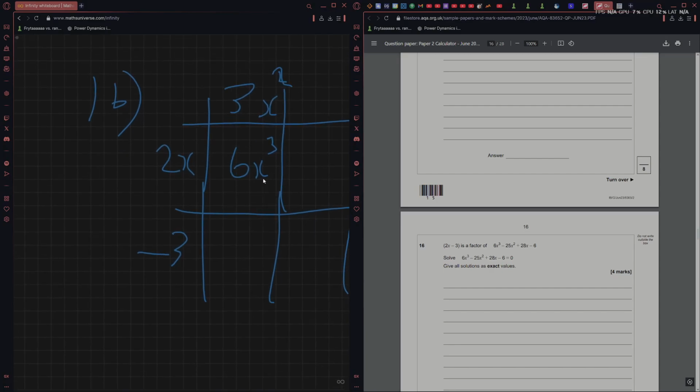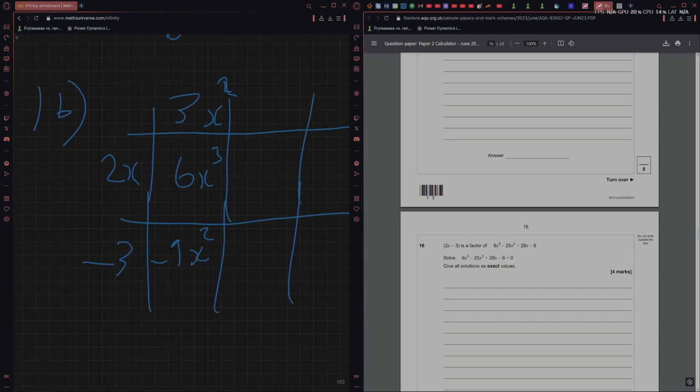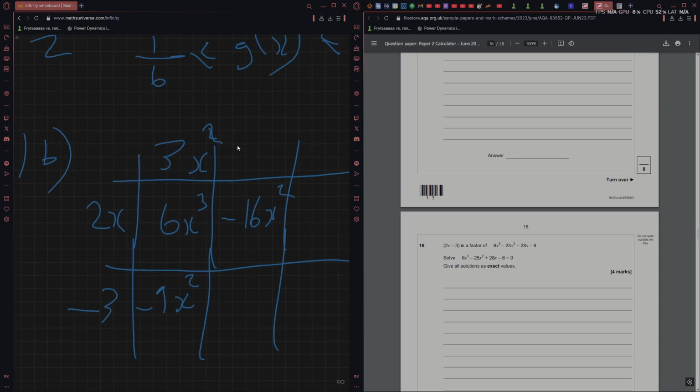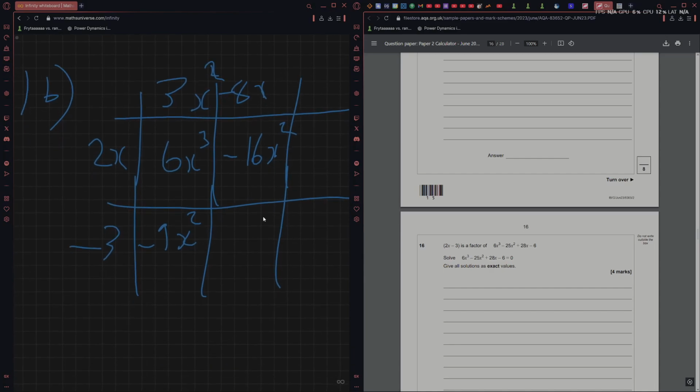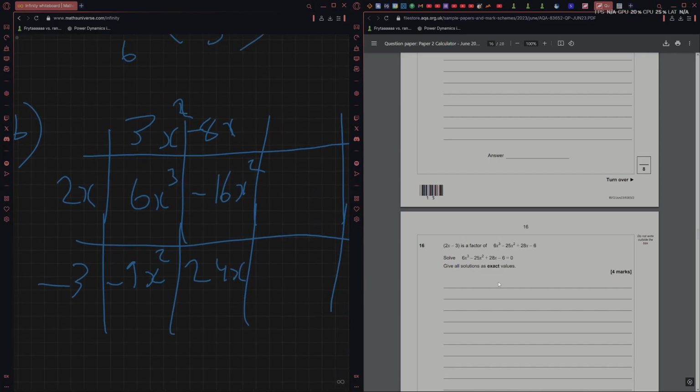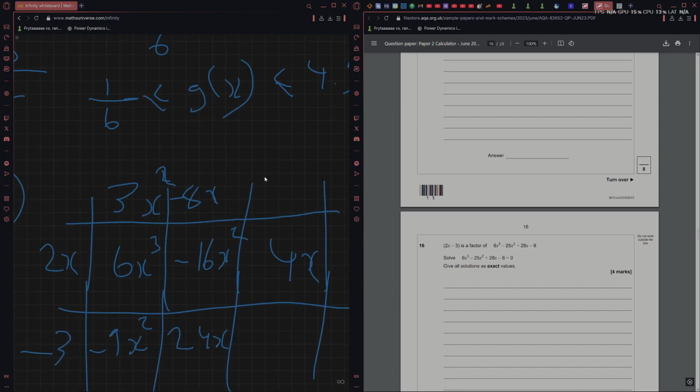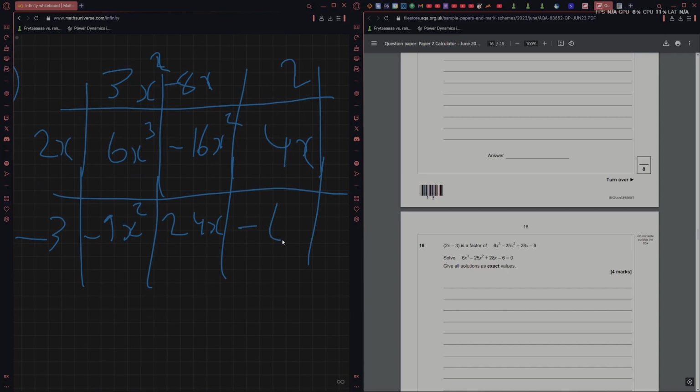Then this is -9x squared, but we know it needs to be -25x squared, so we use -16x squared. If you add them, you get -25. Then we do the same thing, -8x, then multiply 24x. We need 28x, so it's just 4x. This is 2, and this is -6, which is right.